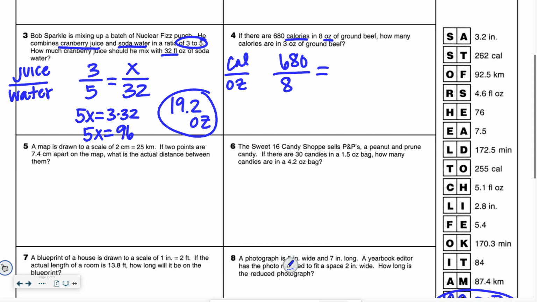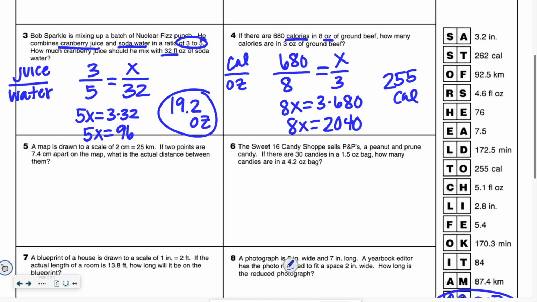And we're trying to figure out how many calories are in 3 ounces. So x over 3. Then we'll cross multiply. So we'll take 8 times x and 3 times 680. 8x equals 2040. Divide by 8. We get 255 calories.